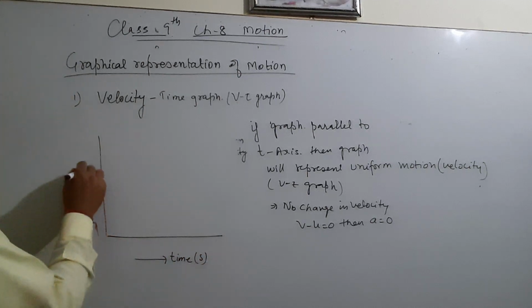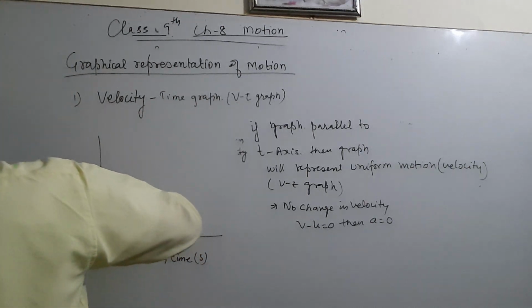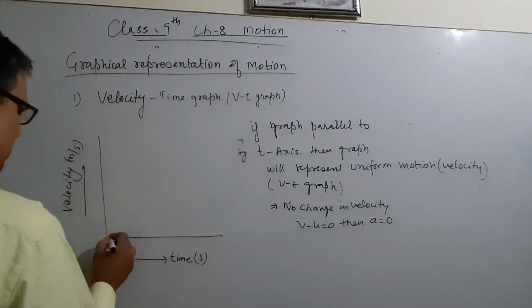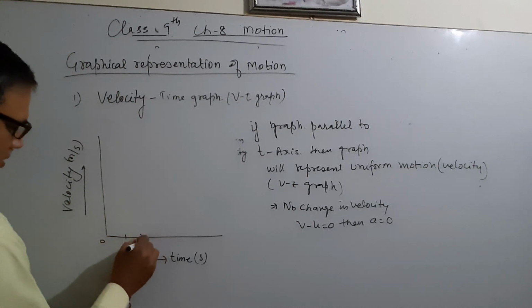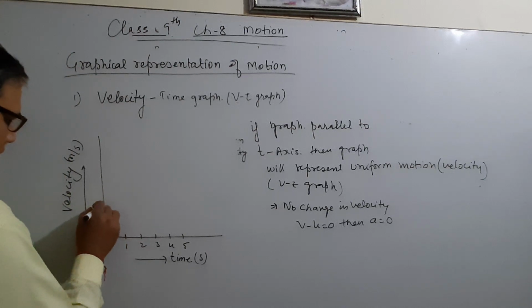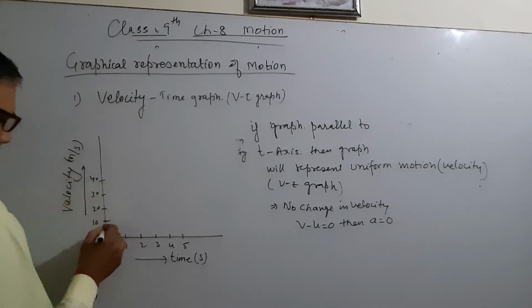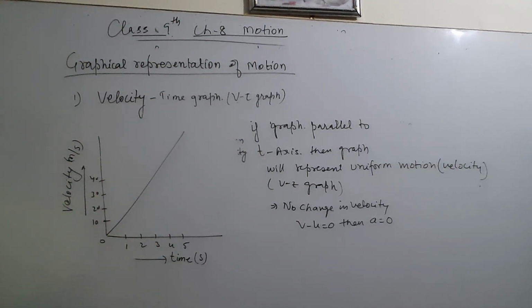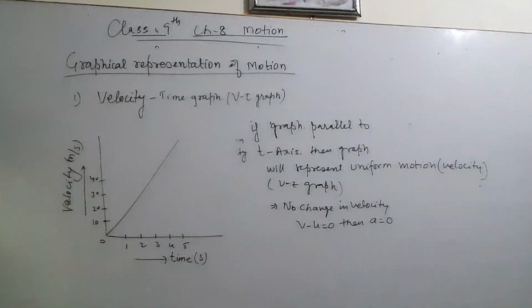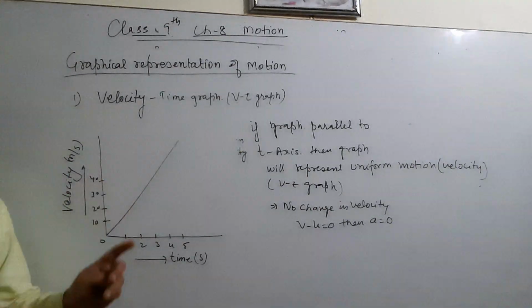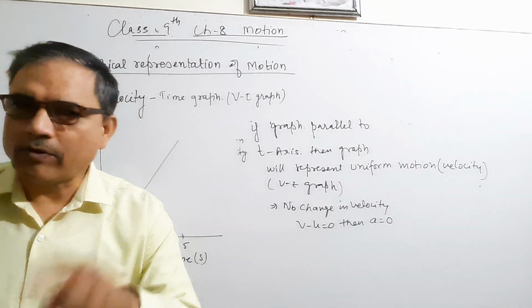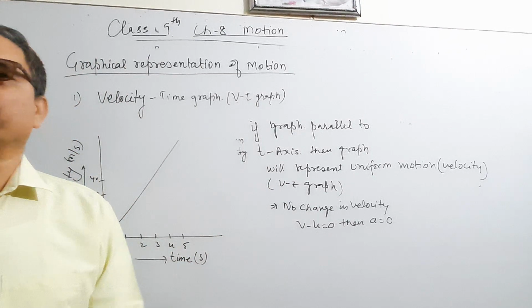And the second, time, this is velocity in meter per second. Here is 0, 1, 2, 3, 4, 5, 10, 20, 30, 40. If the graph shows a straight slope, this slope indicates the velocity is increasing in equal amount in equal interval of time.